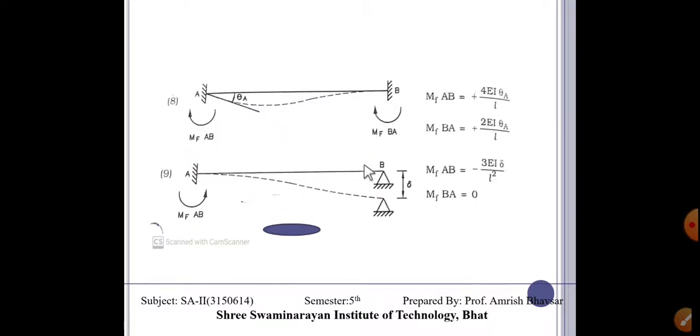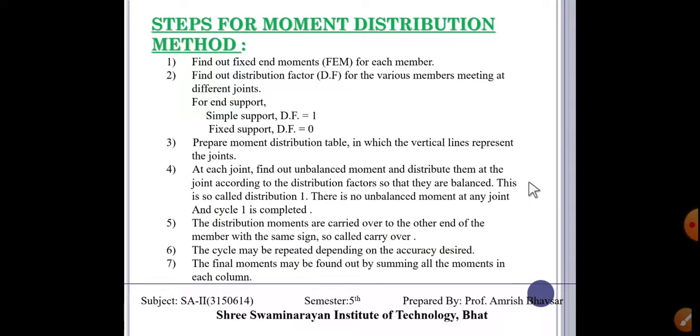Again, these two things are most important when our beam is fixed: the clockwise moments are both generated due to fixity, and they are 4 EI theta by L and 2 EI theta by L, as we discussed for stiffness. Here the far end is simple, and at that time the fixed end moment is 3 EI by L square and MFBA is equal to 0.